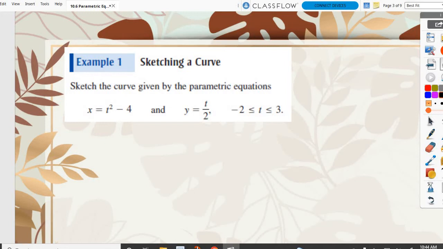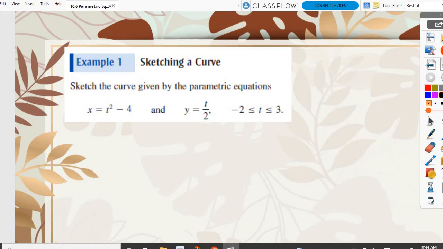So if we're just starting by graphing something, and we don't know how to graph it, what do we usually start with? A table, right, or chart. Yes, agreed. Except this time, what's our input? Well, what's our variable for our input? T, right? And what are our outputs? X and y.